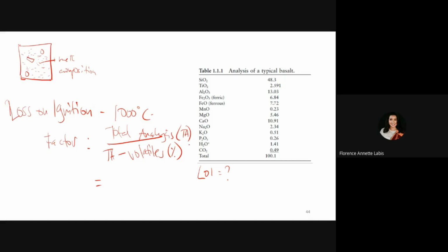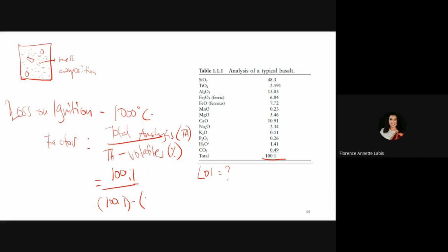Okay, so for example, given this table, you expect that the total analysis is 100.1. So 100.1 over, so 100.1 minus, so you just add up where the volatiles are. Basically, I'm not going to point it out here. I hope you know how to identify the volatile.